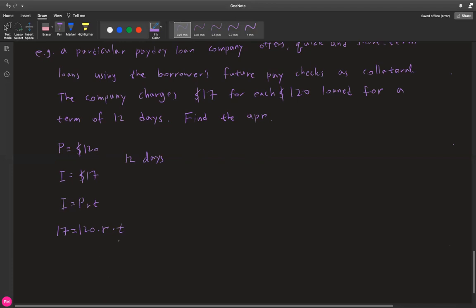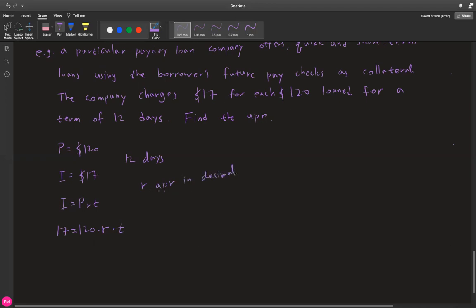So here, what is the T? It's easy to fall into this trap and simply put 12 in there because it's 12 days. But it is not, because here R is the APR. So R is the APR in decimal.